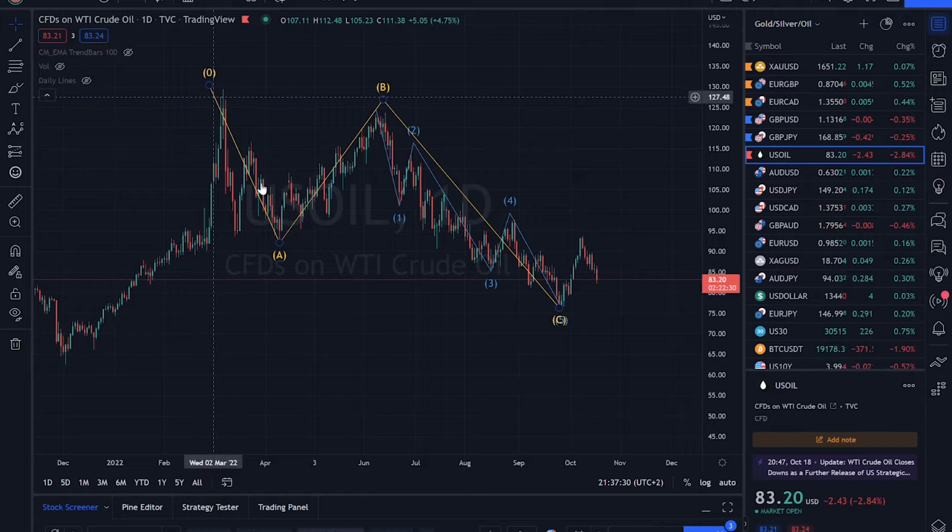But the A wave can either have 3 waves or 5 waves. Most usually it is 5 waves, but here we only have 3.